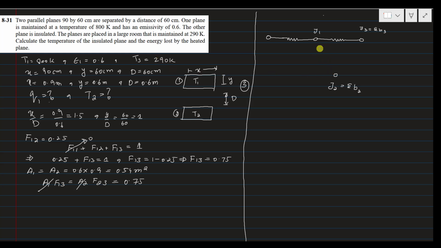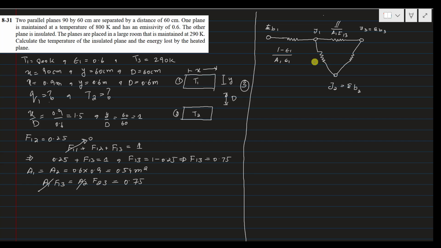When there is heat transfer between plane surfaces 1 and 2, there must be a space resistance between them. Similarly, there is a space resistance between the room and plane 2. The surface resistance is (1 minus E1) divided by A1 E1, then the space resistance between J1 and J3 is 1 divided by A1 F13.